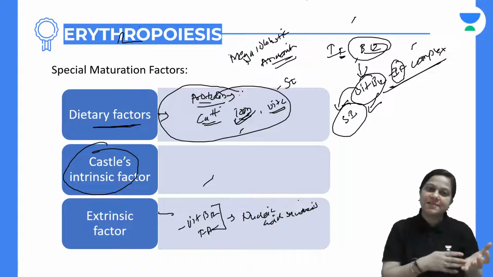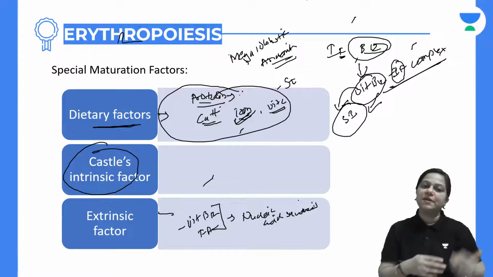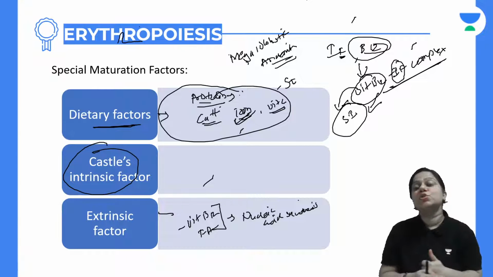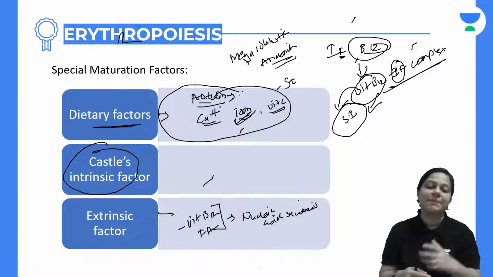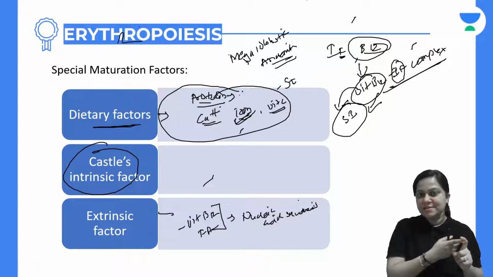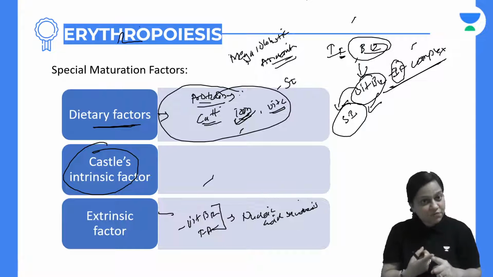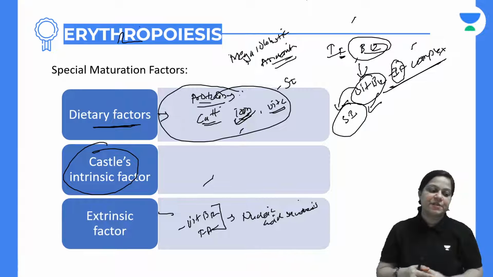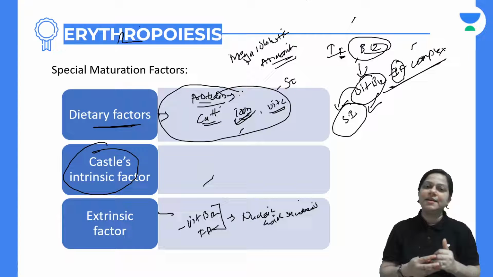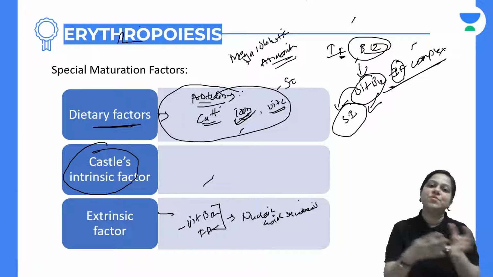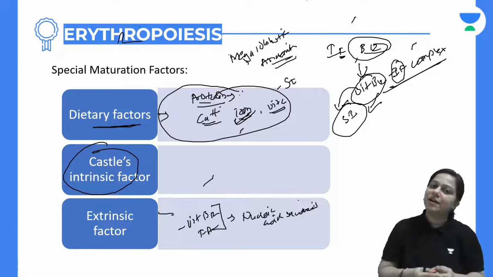So to conclude for RBCs, what are the factors regulating erythropoiesis? In exams a full question is asked like this: define erythropoiesis, write the different stages of erythropoiesis, and the factors regulating erythropoiesis. If it is asked, how will we write? Define means write the definition: erythropoiesis is the process of formation of mature red blood cells.